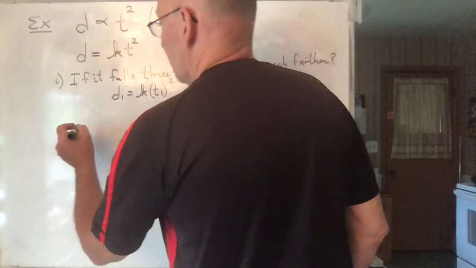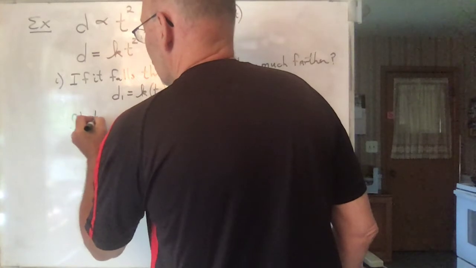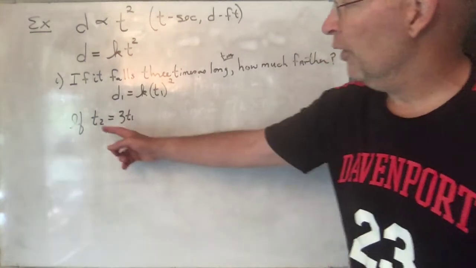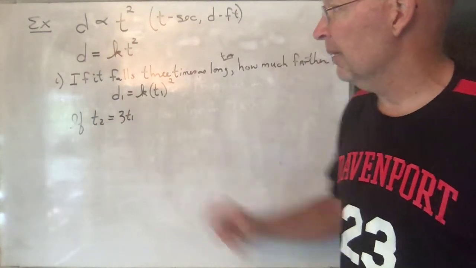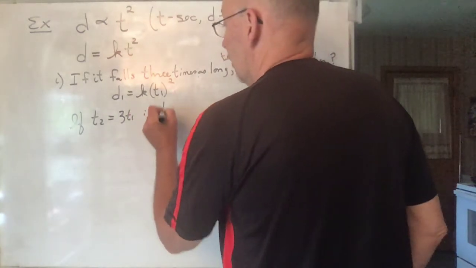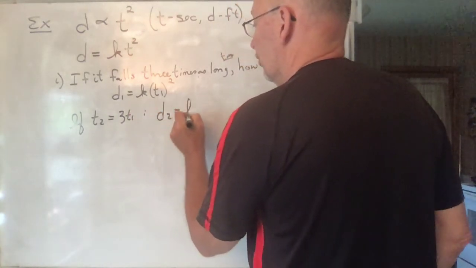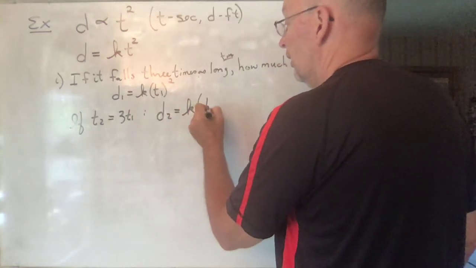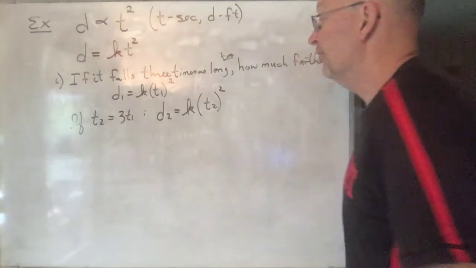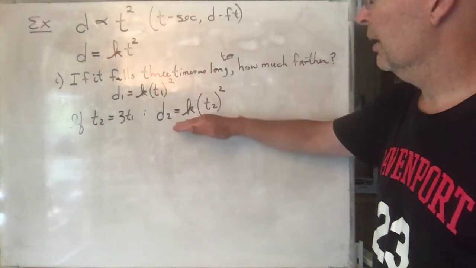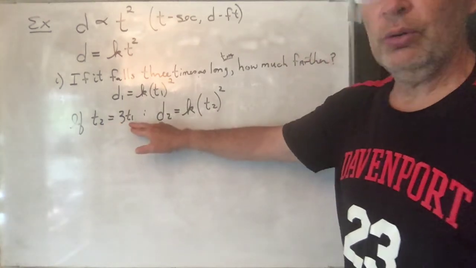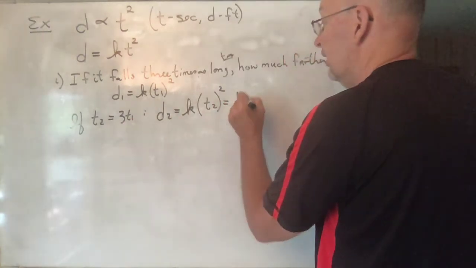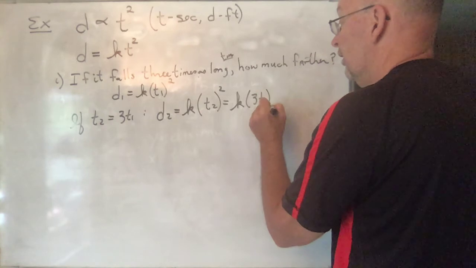And so now, if t2 is equal to 3 times t1, okay, if it falls 3 times as long in time, then what will the distance be? Well, then d2 is going to be that same k times t2 squared, the same relationship, but we know that t2 is 3 times t1, so this is going to be k times 3 times t1, quantity squared.